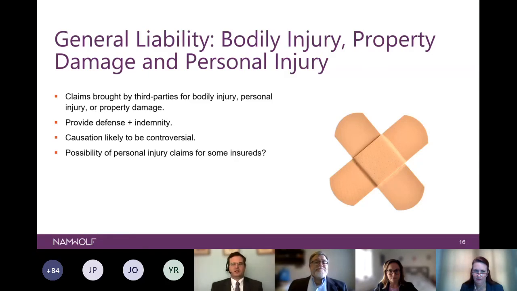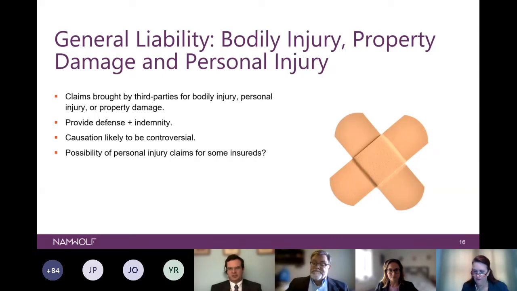There are, in addition to that, a couple of exclusions that could potentially apply. One is the pollution exclusion. I think there could be some litigation in this area about whether the pollution exclusion applies. In a lot of jurisdictions, courts say that it only applies to traditional environmental pollution, and that is probably the case.